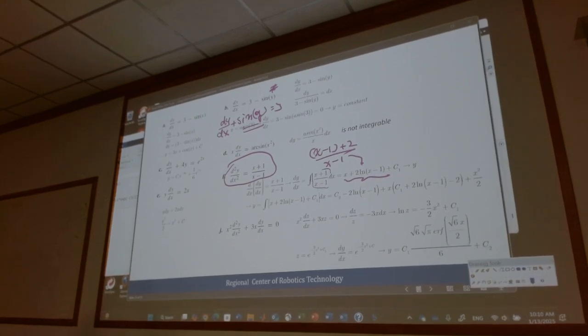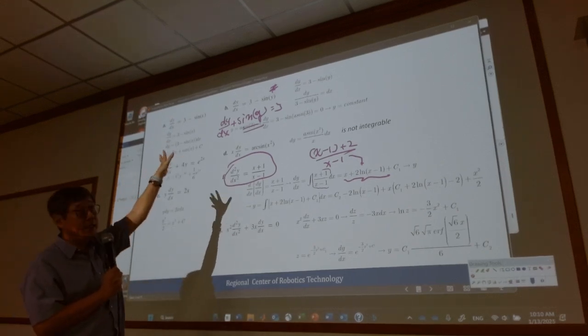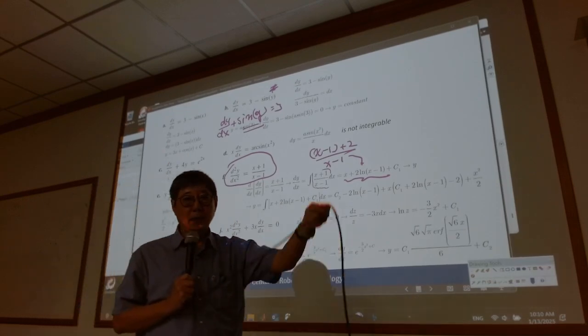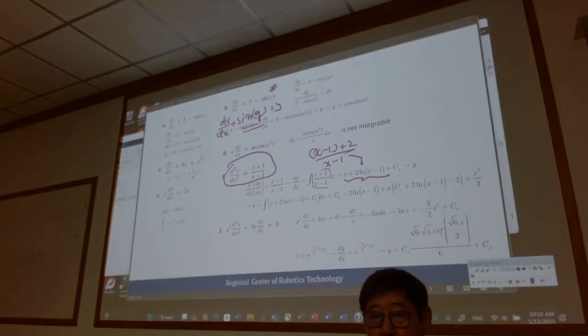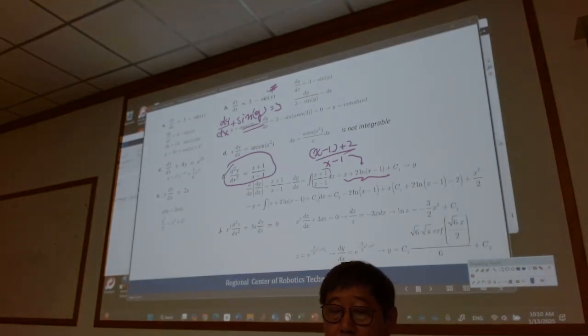When I say general method, it means a specific method. No general method anyway. If you change sin y to sin x, it's easier to solve. If instead of y we put x, that's linear. But this one is nonlinear anyway.